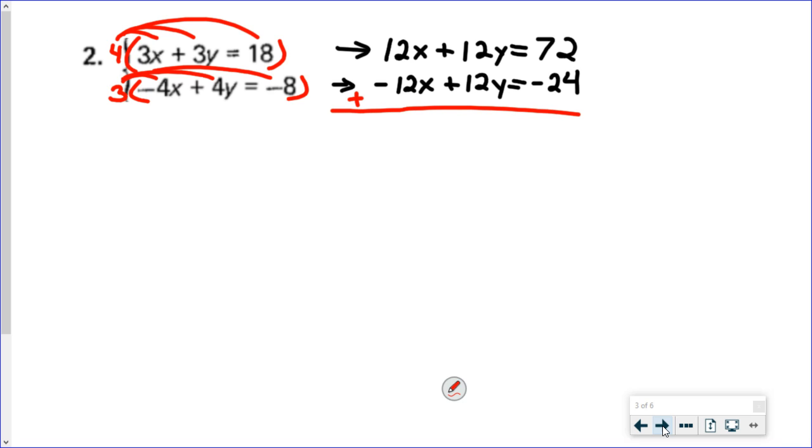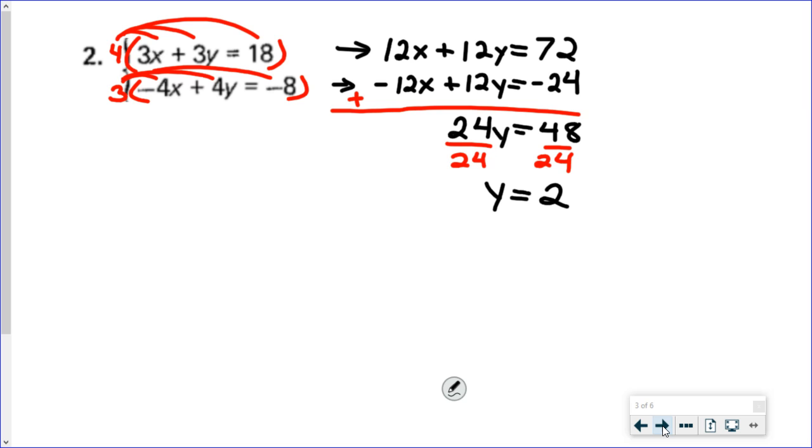Add down, and you will see your x's cancel, and 12 plus 12 is 24, and 72 plus a -24 is 48. Oh, that is awfully nice. So y this time equals 2.